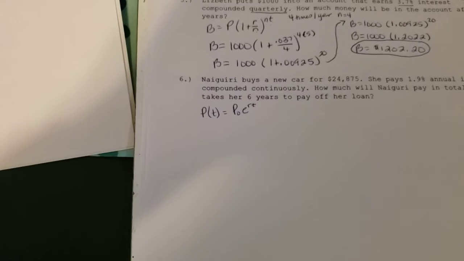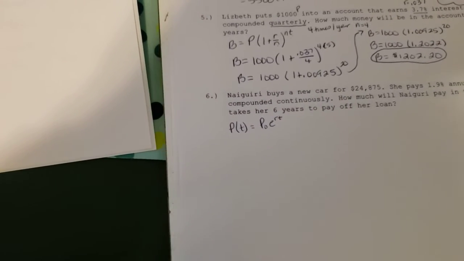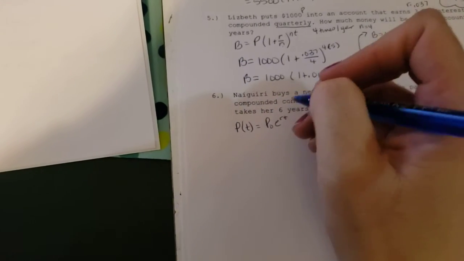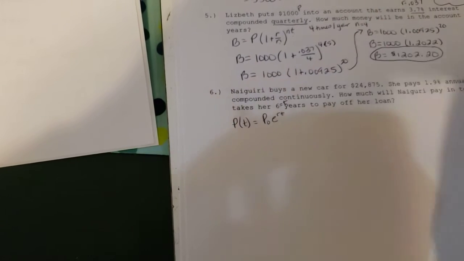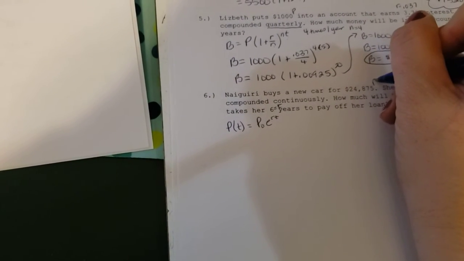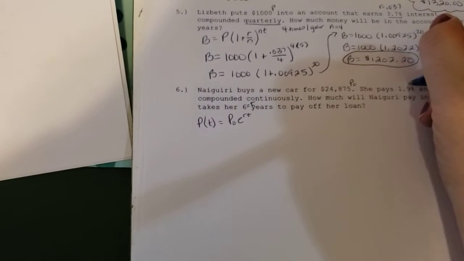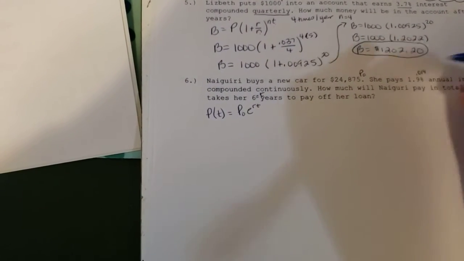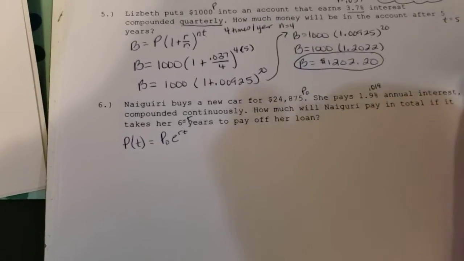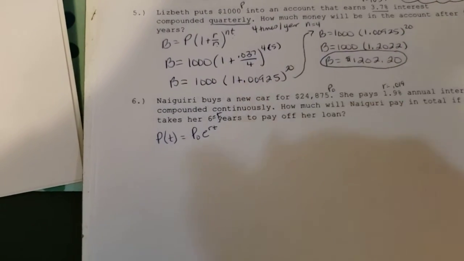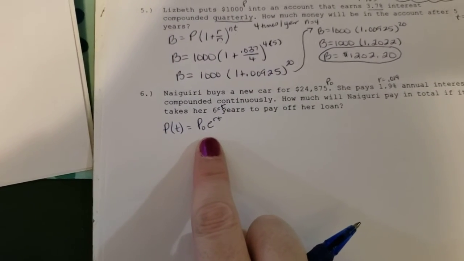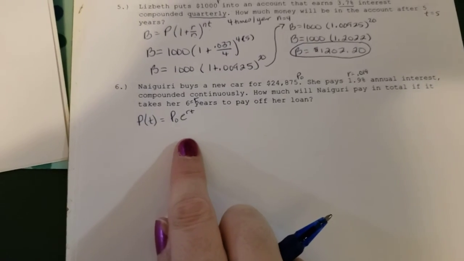So in this case, 6 time periods. So t is 6. This is my P sub 0, my starting principal. I turn this percentage into a decimal, and that's my rate. And e is just a constant, so that should be in your calculator.